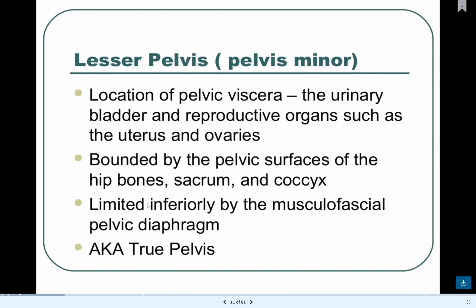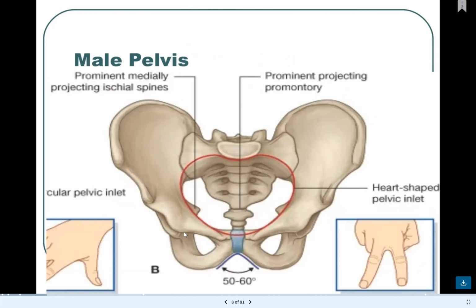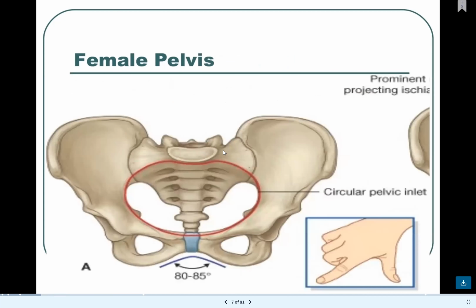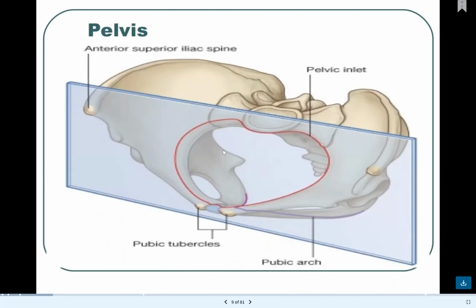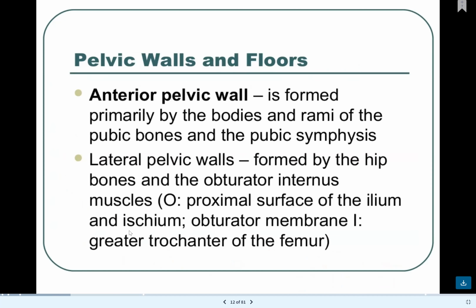It is limited inferiorly by the musculofascial pelvic diaphragm, which I showed you earlier. That will bind it inferiorly. So this is actually the true pelvis, and that muscle we saw there is known as the pelvic diaphragm.